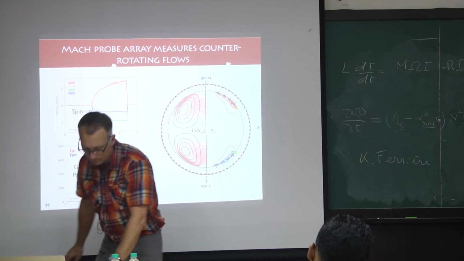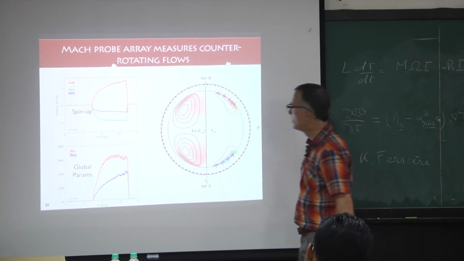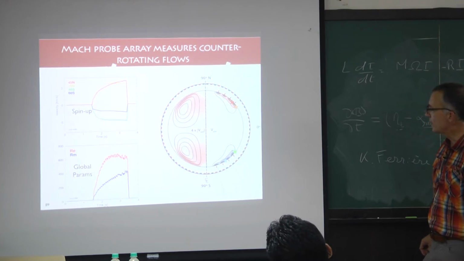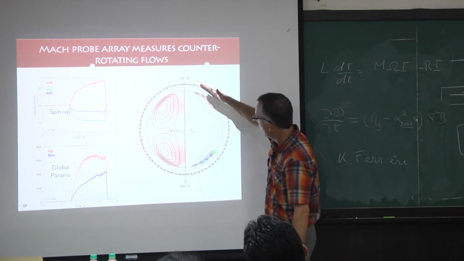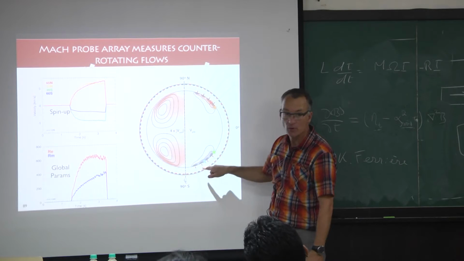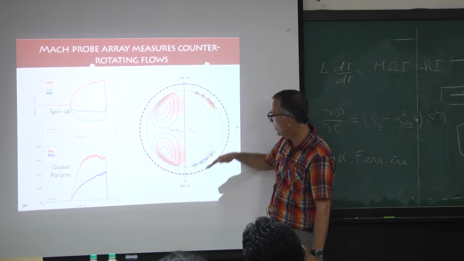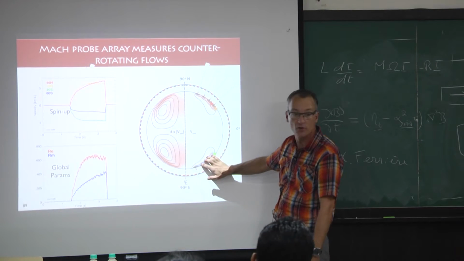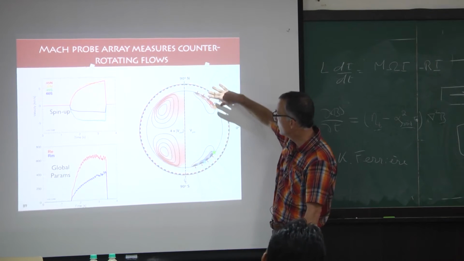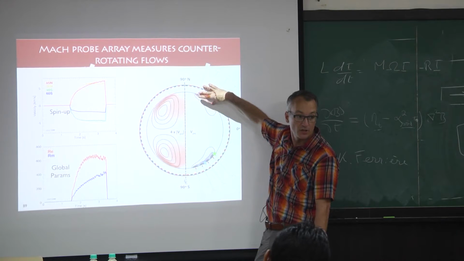So we're now doing experiments where we have control over the rotation in this hemisphere, and it's different from this hemisphere. So we can make this hemisphere spin one direction, and we can spin this hemisphere in a different direction.